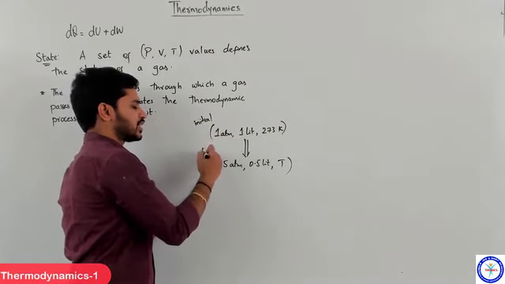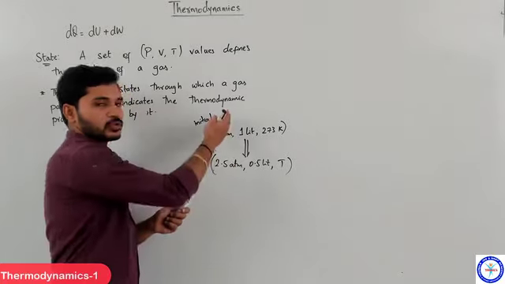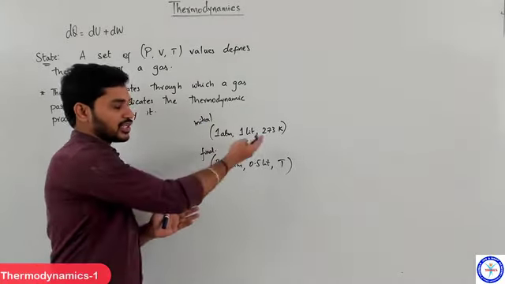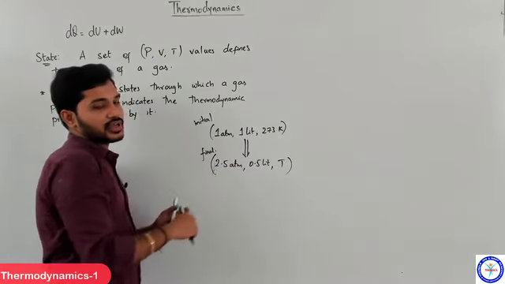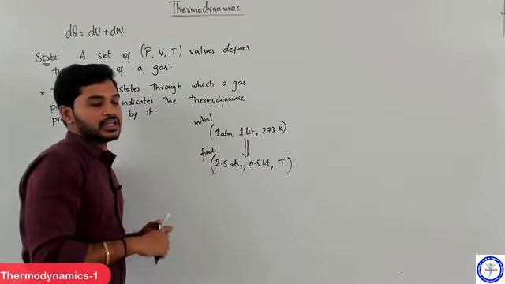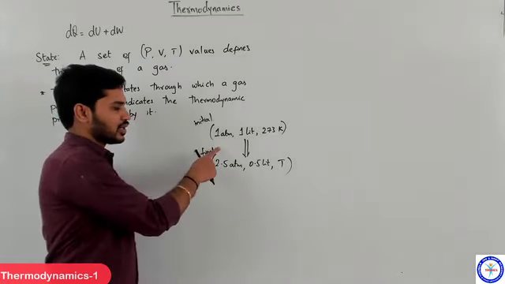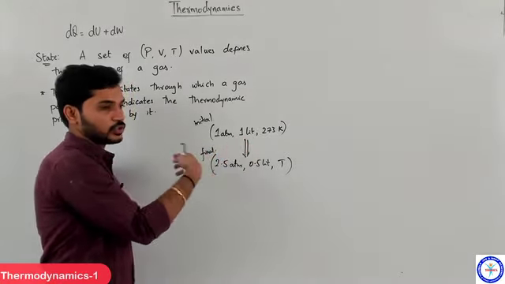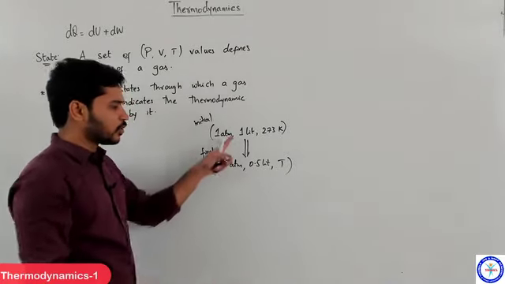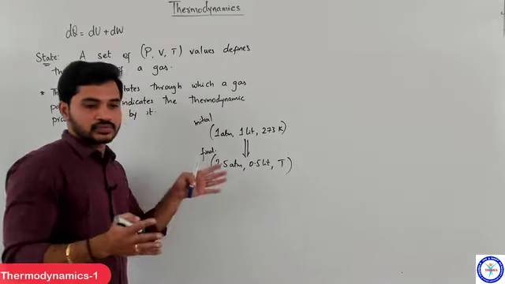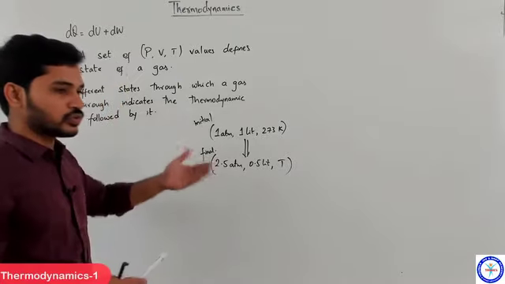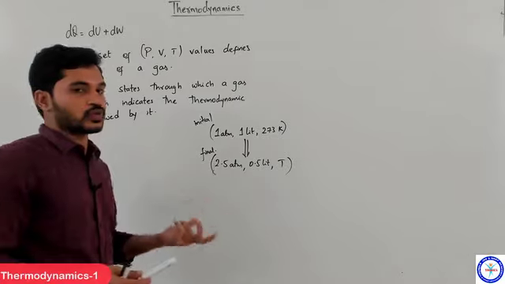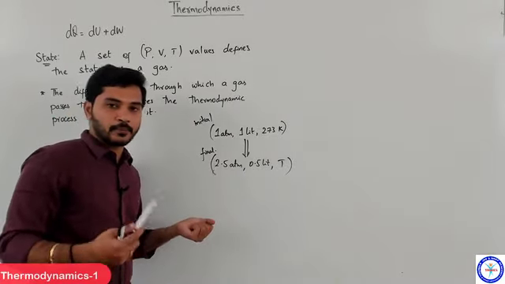If this is the initial state and this is the final state, then as it changes its thermodynamic variables from these values to these values, it will also pass through some other intermediate states, somewhere where the pressure is 2 atmosphere, somewhere where the volume is, let's say, some 0.75 liters. It can't suddenly go from this to this, it has to happen gradually, right? So it goes through all intermediate states as well. The collection of all those is what we generally call a thermodynamic process.